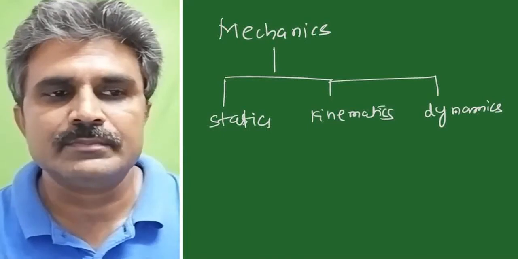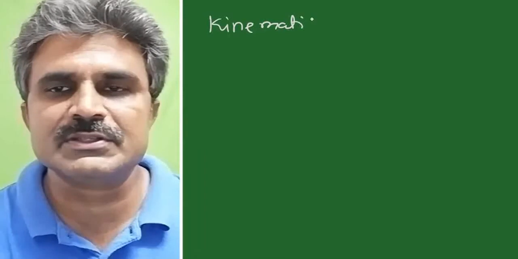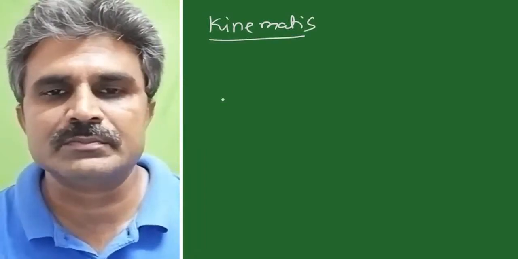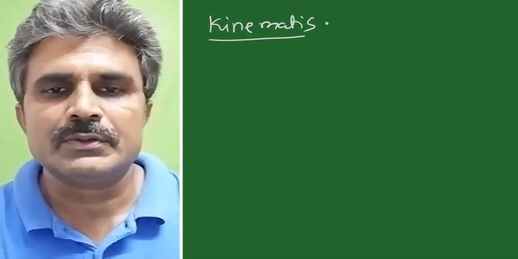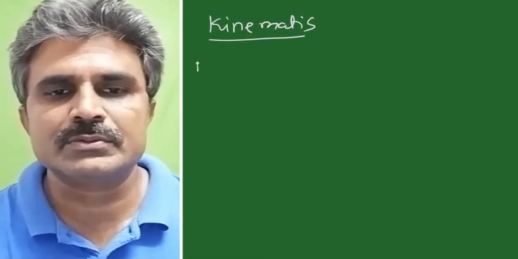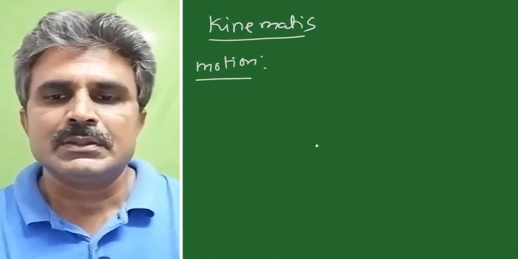So we will study kinematics now. Kinematics, as I said, is a branch of physics which deals with the motion of the object without considering the cause of the motion. From the beginning, I'm stating about motion. So what is the definition of motion?